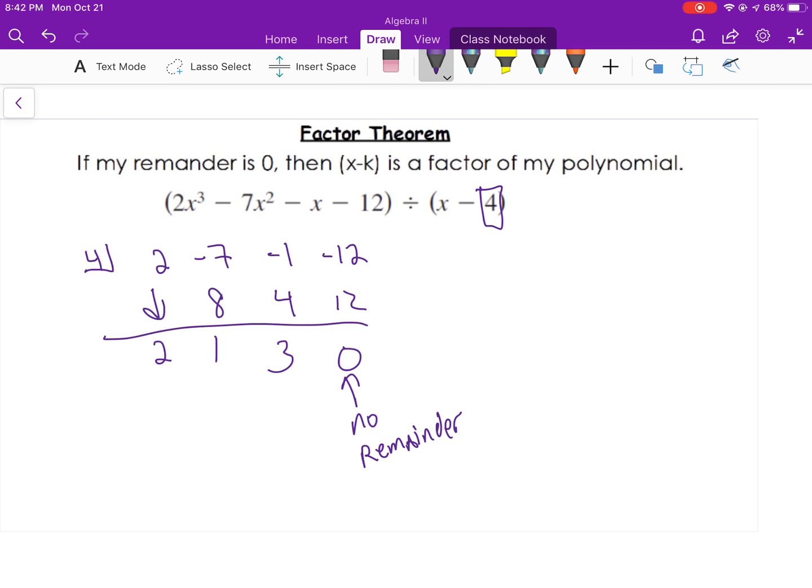Sometimes it's called the remainder theorem. If that's true, that means that x minus 4 was a factor of this original cubic, this 2x to the third minus 7x squared minus x minus 12.